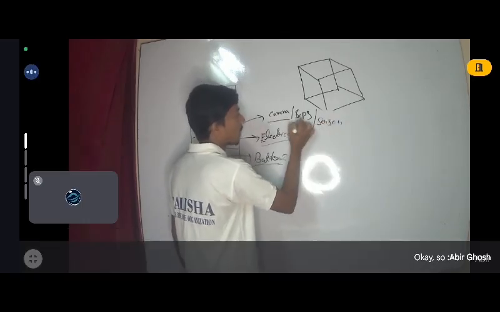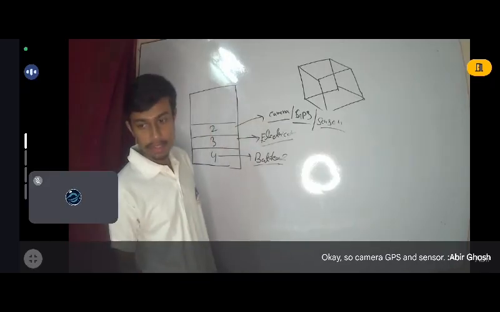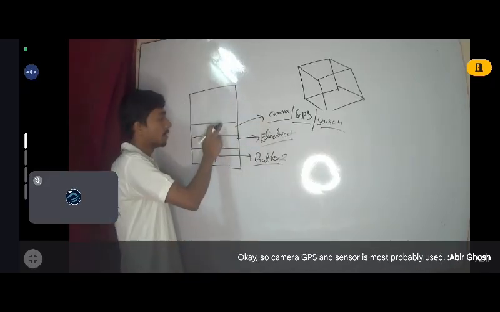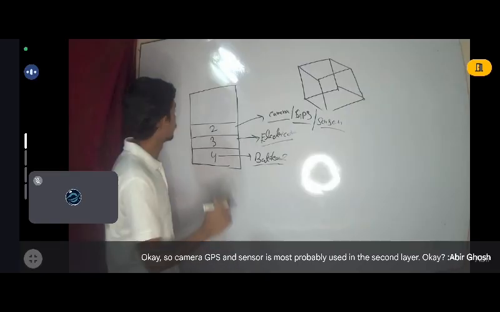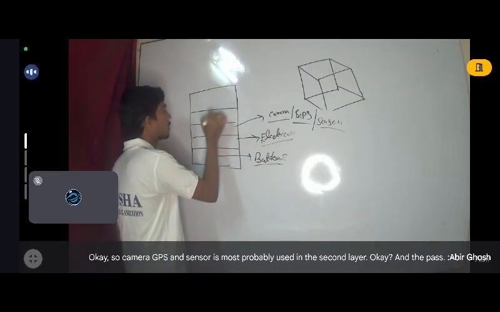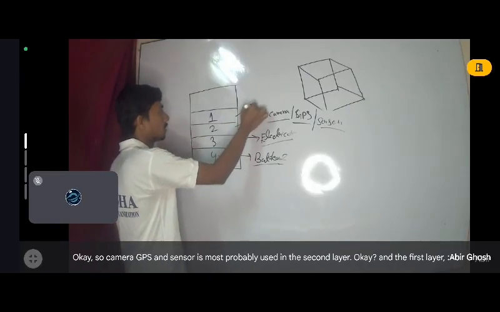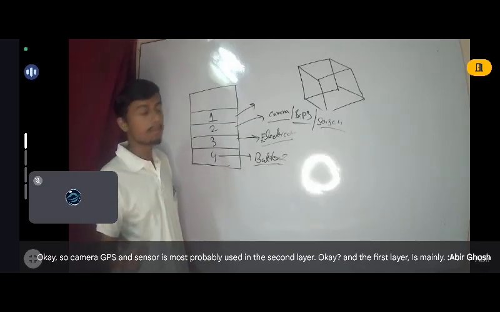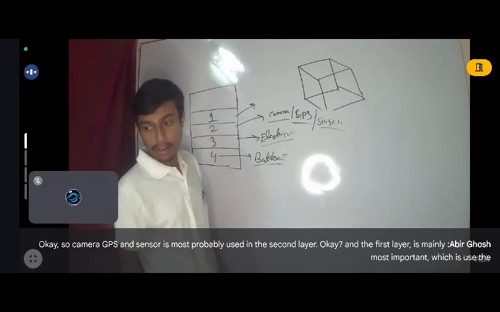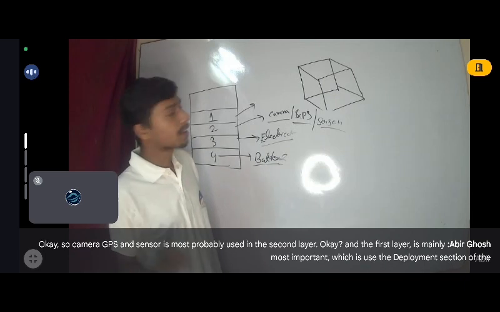So camera, GPS and sensor are mostly used in the second layer. And the first layer, which is the most important, is the deployment section of the antenna.